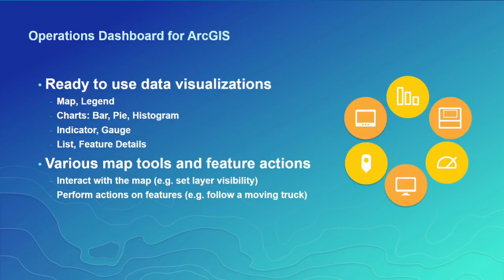By configuring these in a variety of different ways, you can create an interactive and immersive experience for your intended end user. So the idea here is that, yes, we have all these individual components, but as the author of an operation view or a dashboard, you can configure it in all sorts of different ways in order to tell the story of your data.